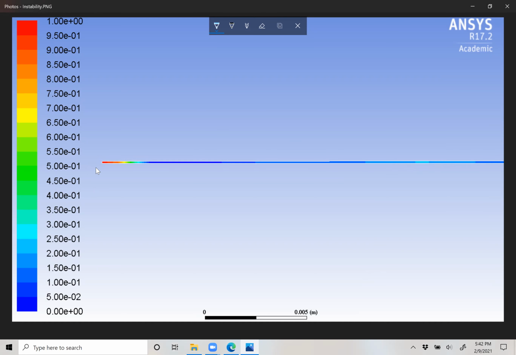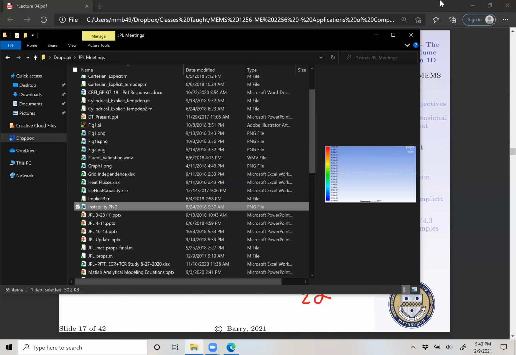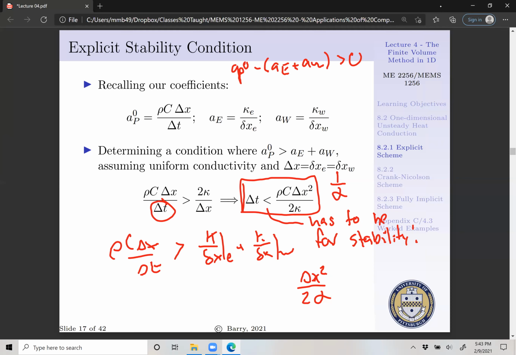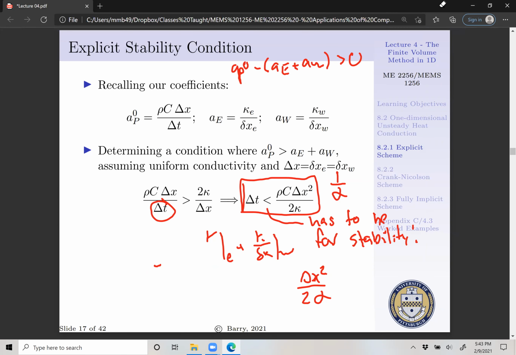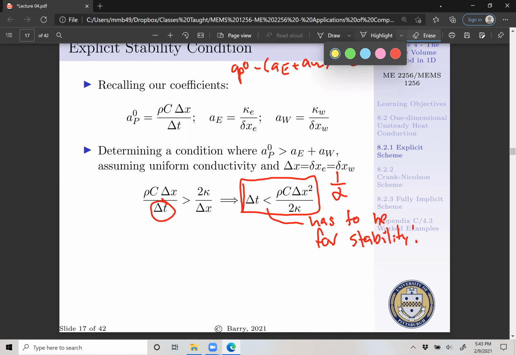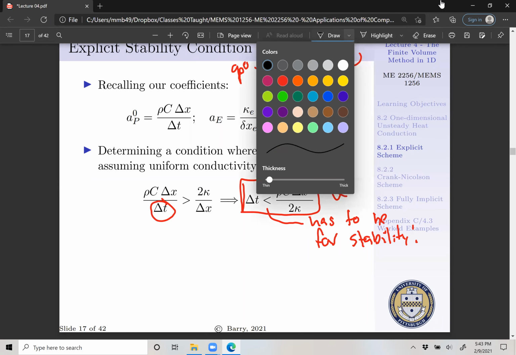And the information from the left-hand side got passed too quickly through our domain. And we go, oh man, that time step is too big. It doesn't work. And a really easy way to think about this is you want your delta T to be small enough. Let me draw this out.